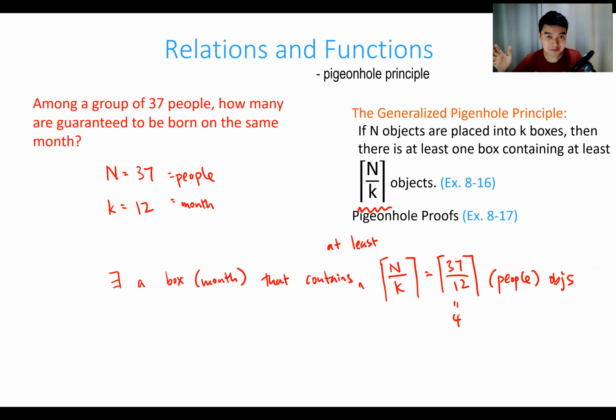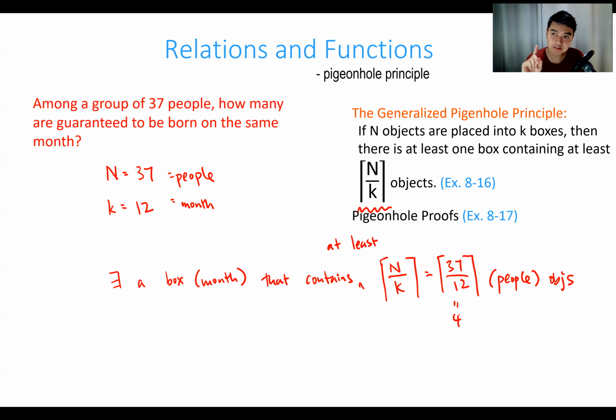And that could happen, right? So if I have exactly 3 people in each of the months, then I have 36 people. Now, where does the 37th person go? Well, the 37th person has to go into one of those months. So that's a guarantee that there has to be one month with four people.